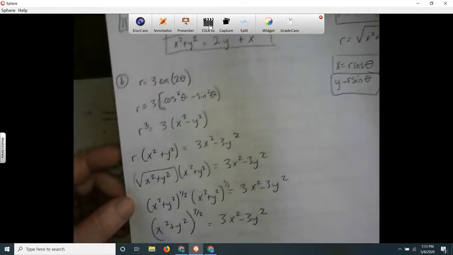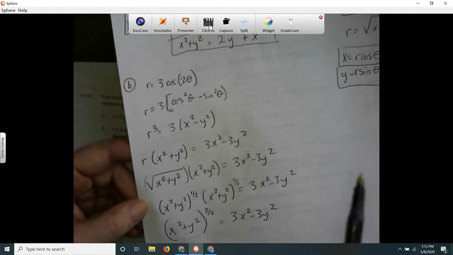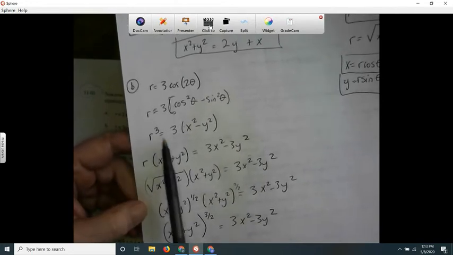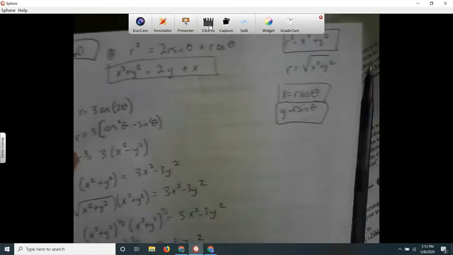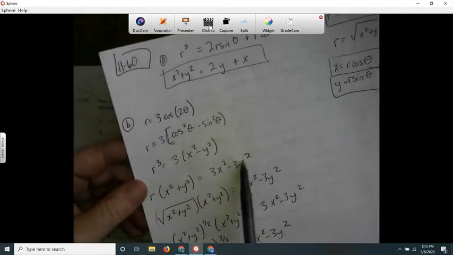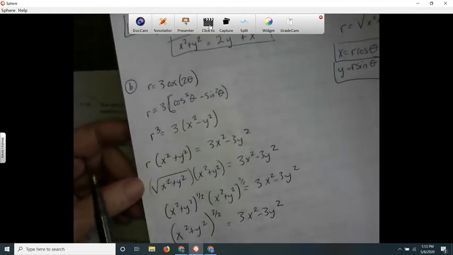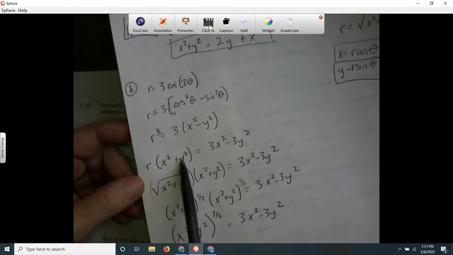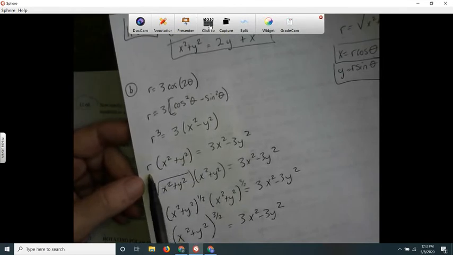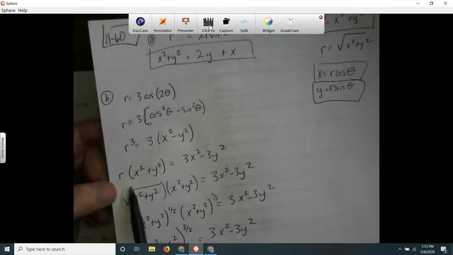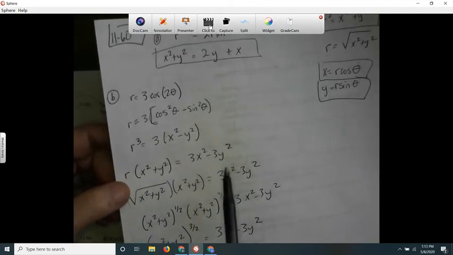This one, I did it the long way. I know that r squared equals x squared plus y squared, so I thought of r cubed as r squared times r. So this is the r squared part. But then I still wasn't all the way in rectangular.